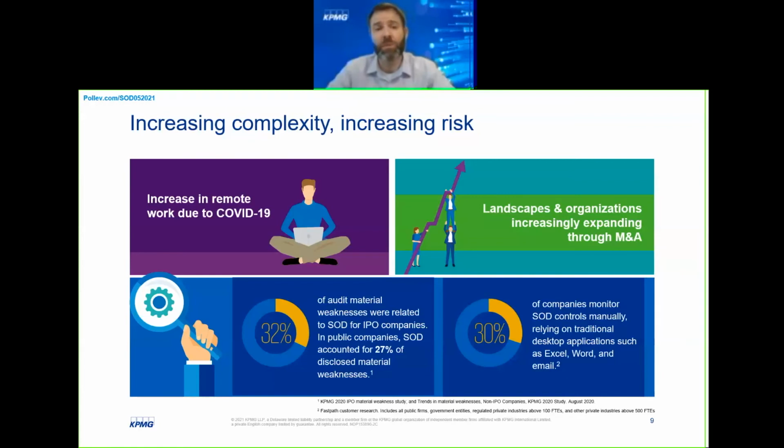The second thing that we're seeing in the market that's driving a lot of this complexity is M&A activity. With this bounce back from the economy, we're seeing M&A activity like we've not seen in years. Organizations that put off acquisitions are kind of going at hyperspeed right now, and I'm sure some of your organizations might be going through this, but we're seeing so much of this.